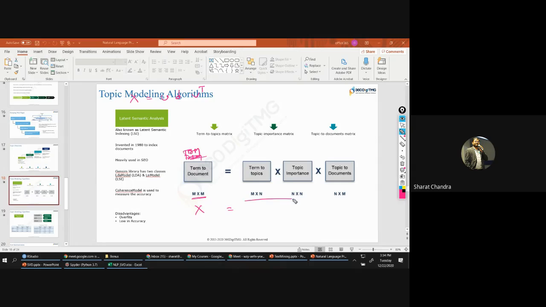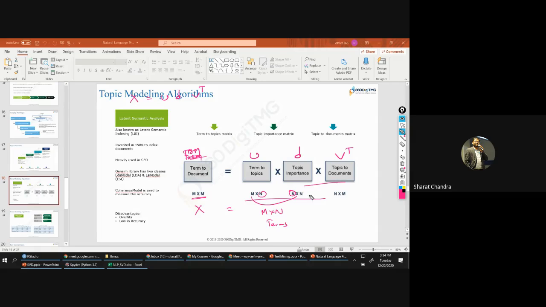When I multiply these two, this is like U, this is the diagonal matrix, and this is V transpose. When I multiply these two, I get an M by N terms matrix. I get the terms matrix. And when I multiply these two, I get topics.